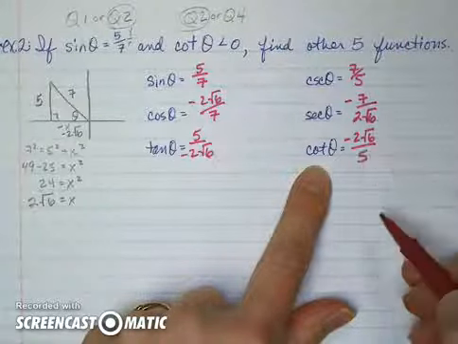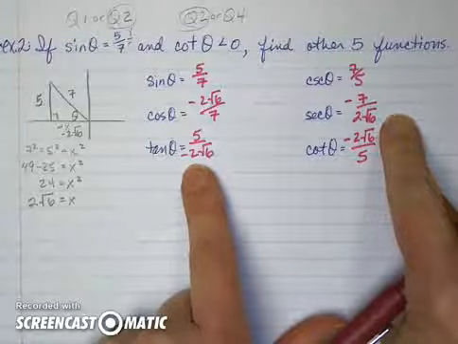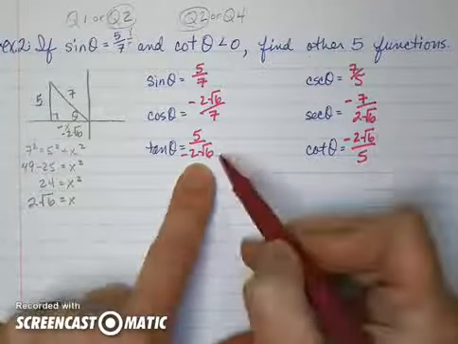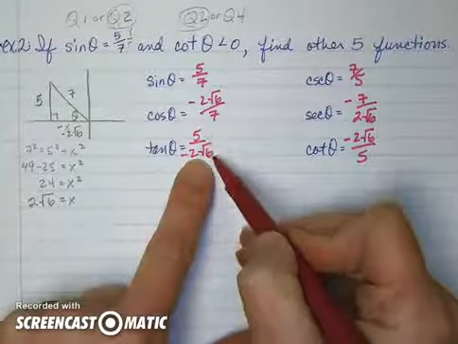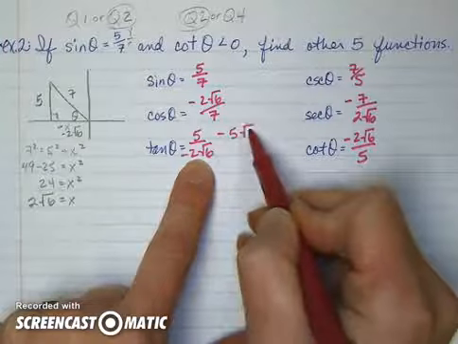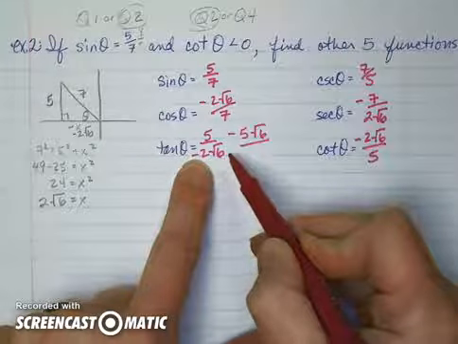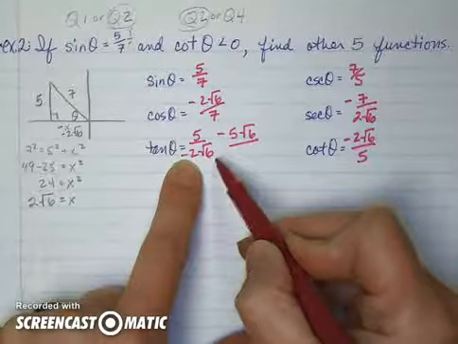So the only two that need to be rationalized are secant and tangent. And let's try to do that in our head. This would need to be multiplied by square root of 6 over 6. So that would give us a negative 5 on the square root of 6 over 2 times the square root of 6 times the square root of 6, which would be 2 times 6, which would give you 12.